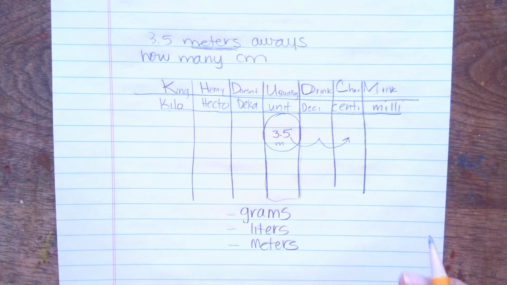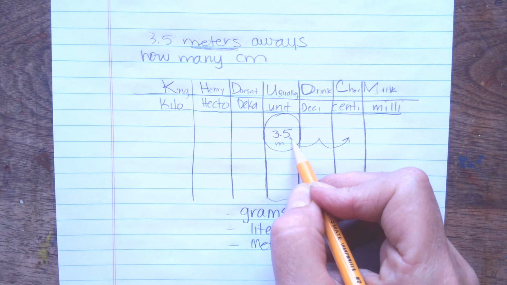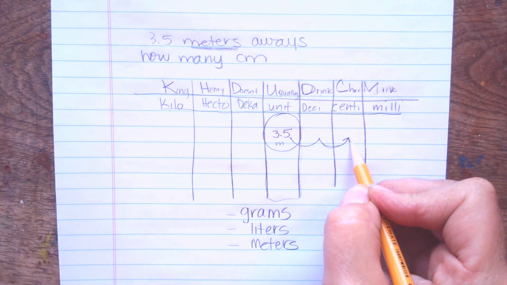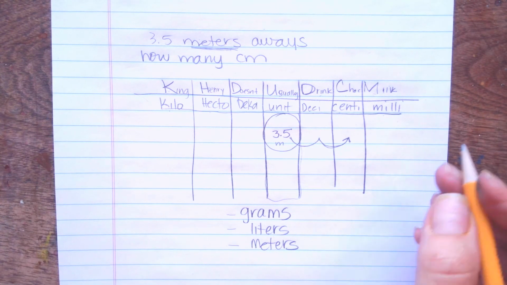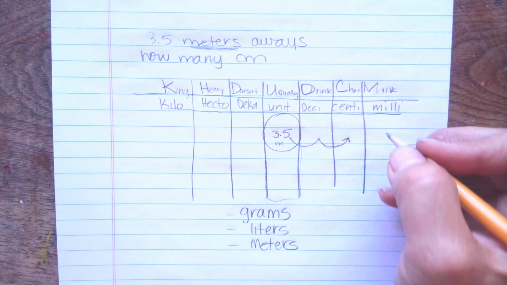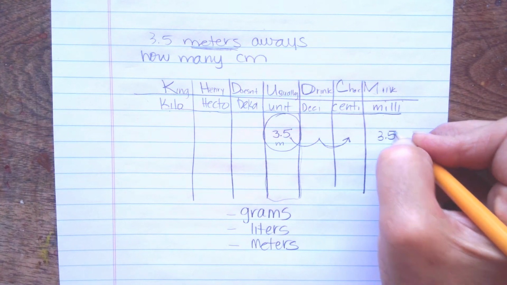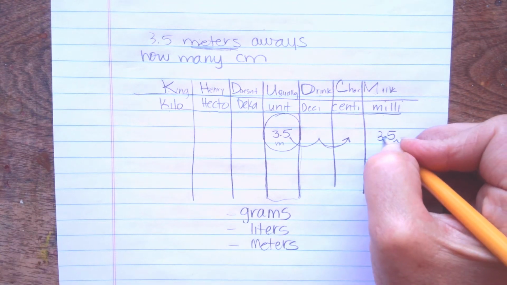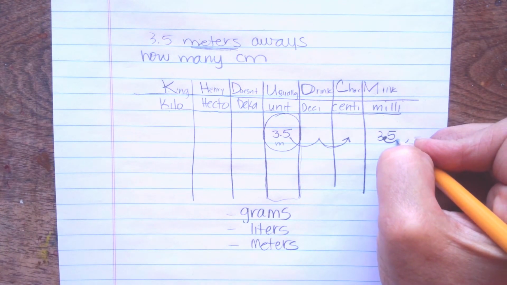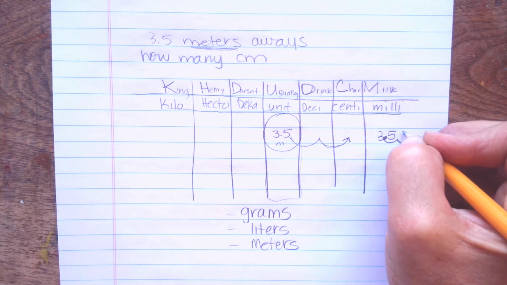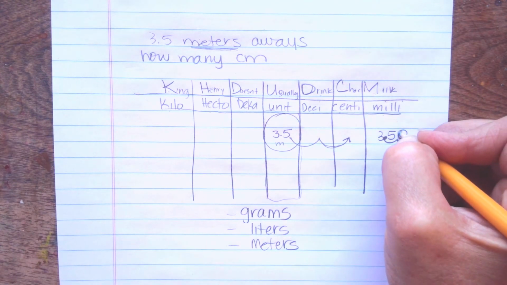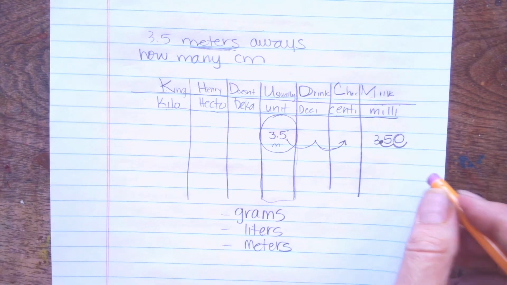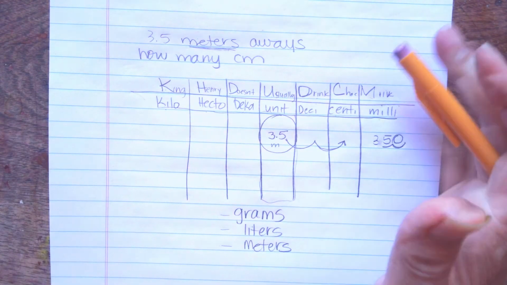So what we do is we count how many jumps we have to move to get to whatever we're converting to, which is 2 jumps. And then we're going to move our decimal those 2 jumps. So I took this decimal right here and I made 1 jump and 2 jumps. And then anything I have that does not have a number in it, I fill it in with 0. And then I erase the decimal and put it right here.